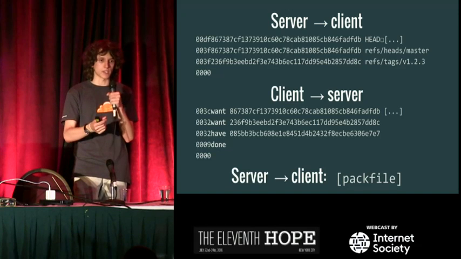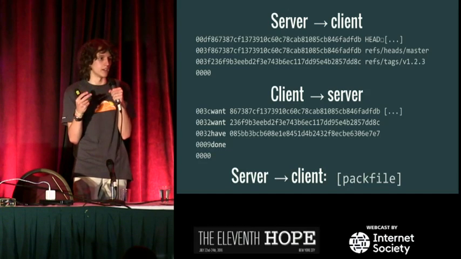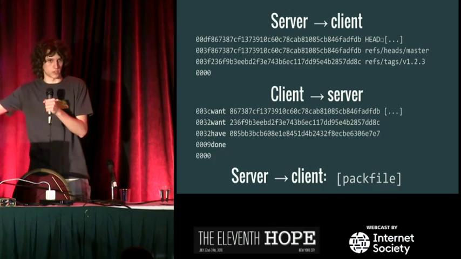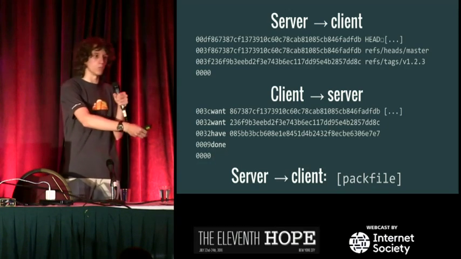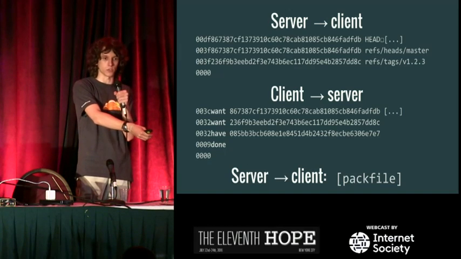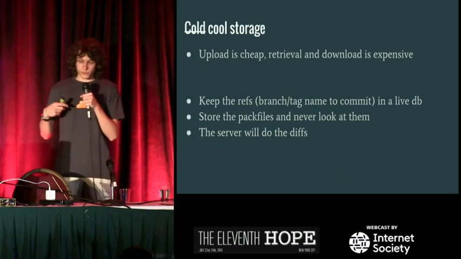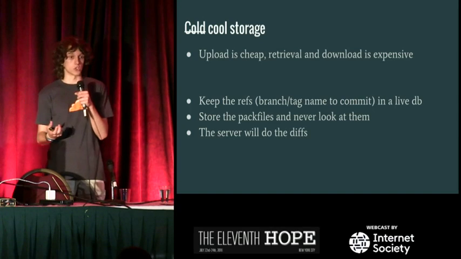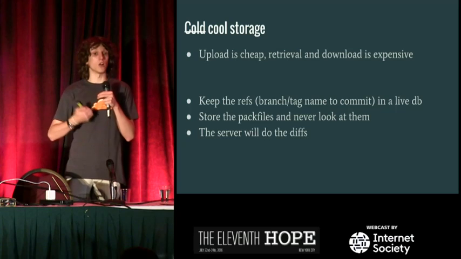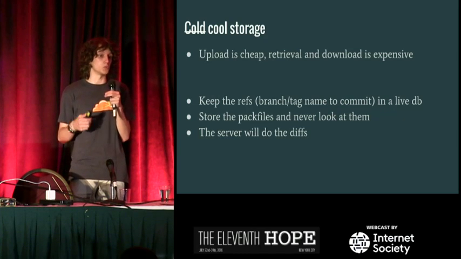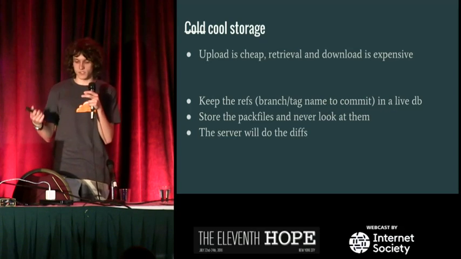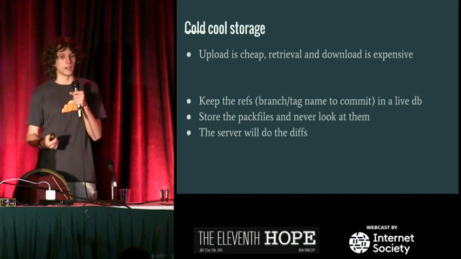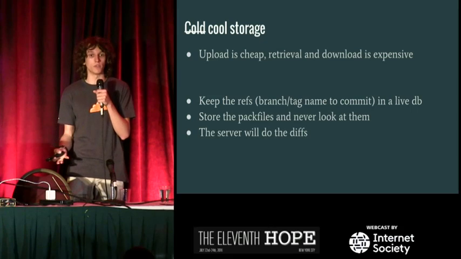And GitHub will give us a pack, which is nothing else than a lot of objects that are needed to go from point A, whatever we said we have, to point B, whatever it is that was pushed last to GitHub. So this can be made to work very well with cold storage, because obviously we'll be storing a lot of data, and it would be nice to be able to store it in some cheaper storage that has maybe higher latency and more expensive retrieval.